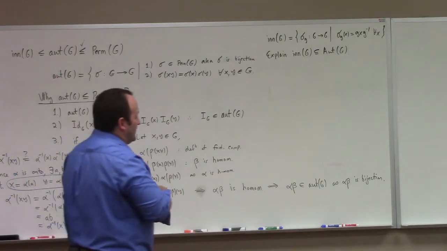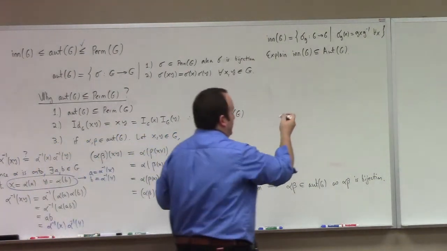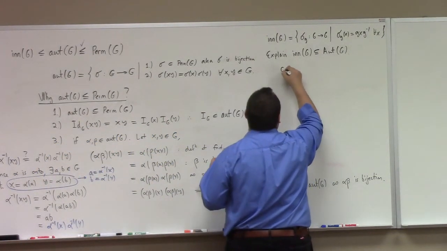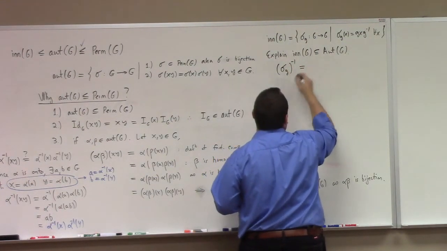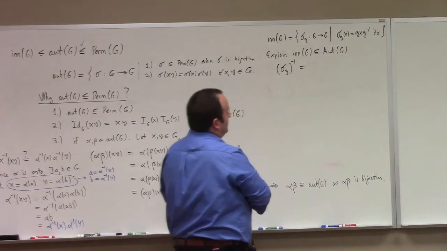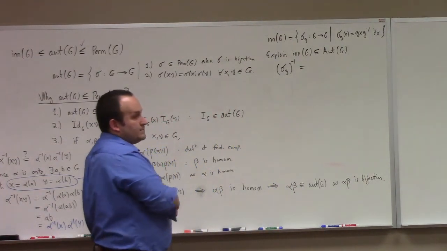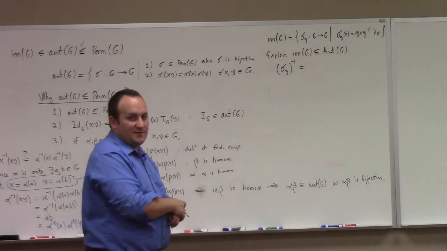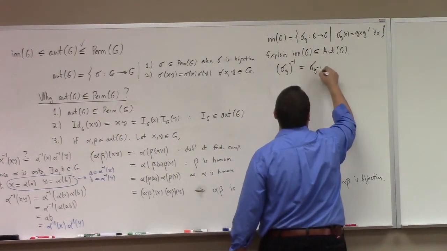The easiest way to prove something's a bijection is to just exhibit the inverse. What do you guys think the inverse of sigma g is? That would be nice, right? Let's check if it's right.